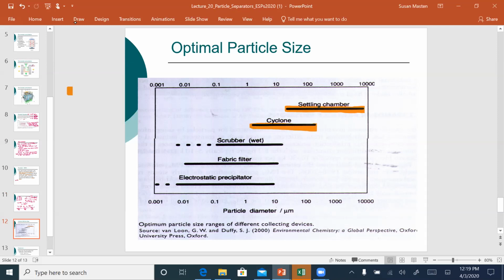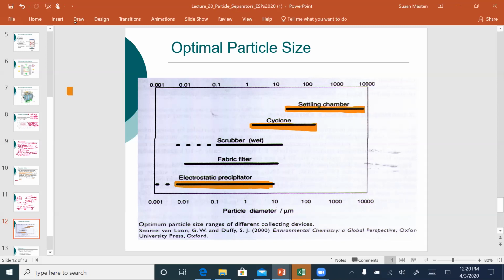Cyclone separators remove particles between about 1 to 100 microns. Electrostatic precipitators remove particles between about 0.05 to about 10 microns. So it just gives you some sense of the scale of the size of these particles.